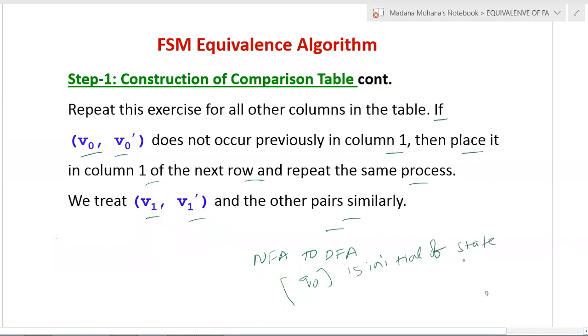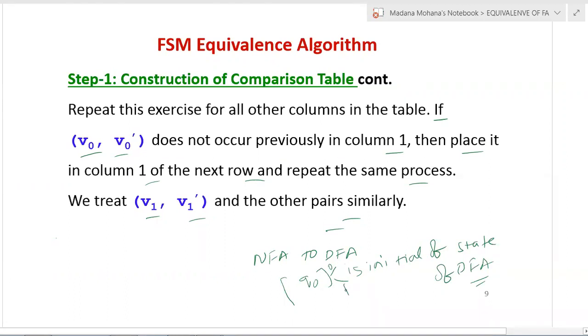Then, after finding transitions from the initial state on input 0 and input 1, let us assume, on input 0, if any new state occurred, that can be considered as the next state of the DFA.